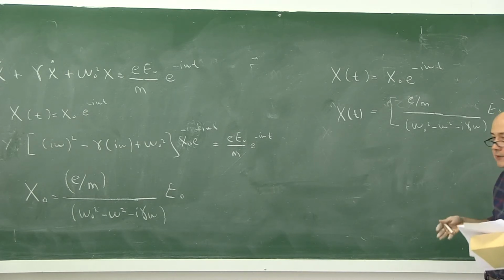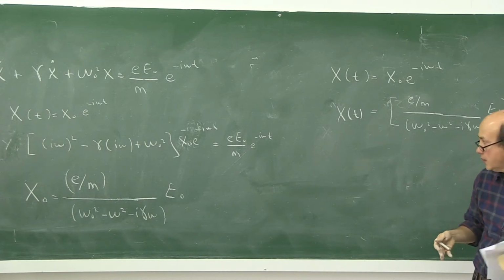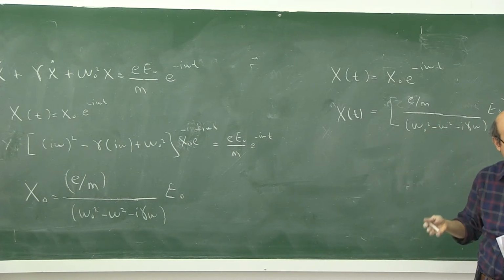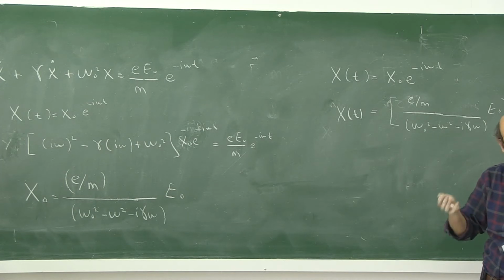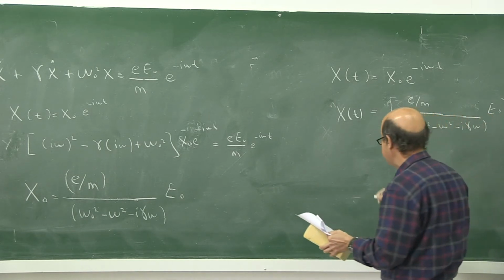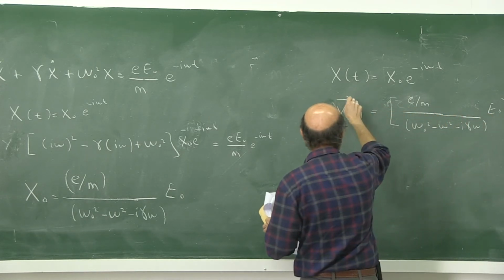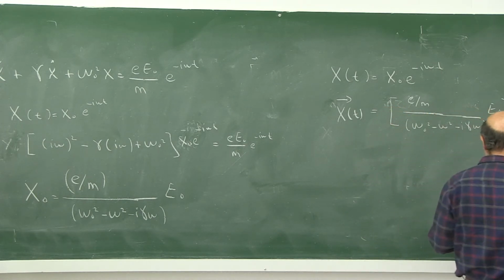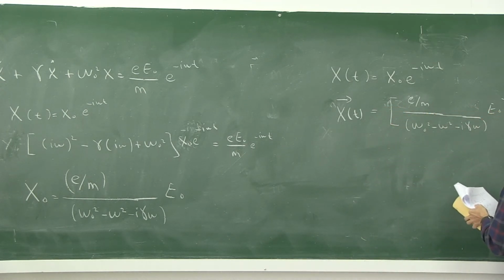Now, suppose that in 3 dimensions, this oscillation will take place along the direction of polarization of the incident wave, okay, in general. So you can write this as a complex vector in 3 dimensions.